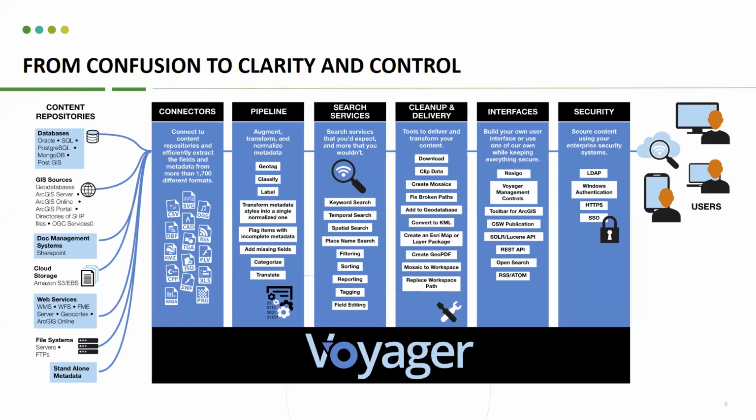So you imagine having Voyager is like having your own personalized Google for your organization. Meaning that instead of searching the whole World Wide Web, you customize it to a certain data source that you are interested in. It can be internal and also external.